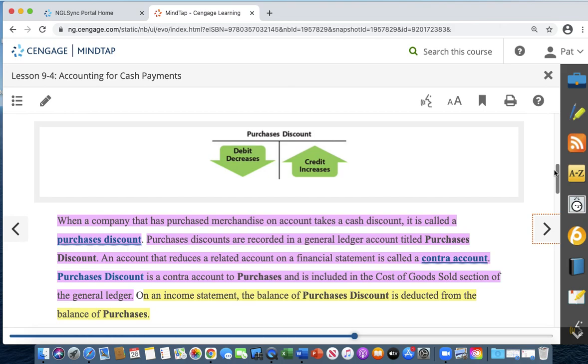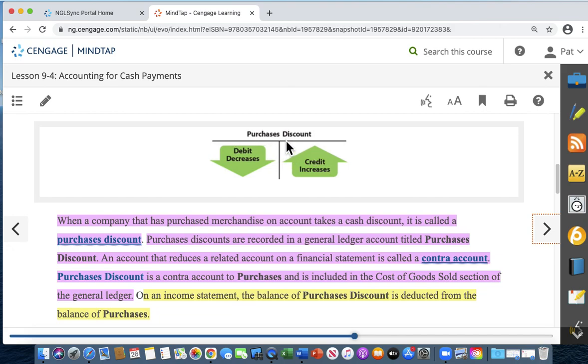Okay, and we'll use purchases discount when we take advantage of that 2/10, net 30. So purchases discount is what we call a contra account, an account that reduces the related account. Okay, so we will do a credit to purchases discount.